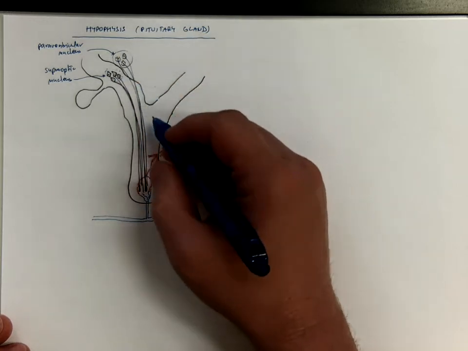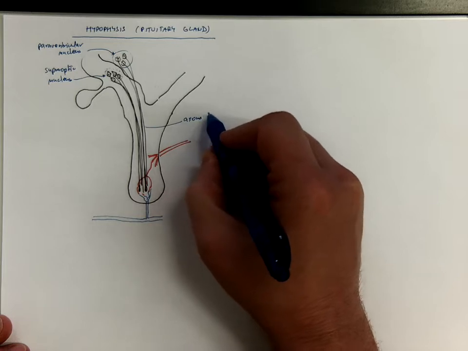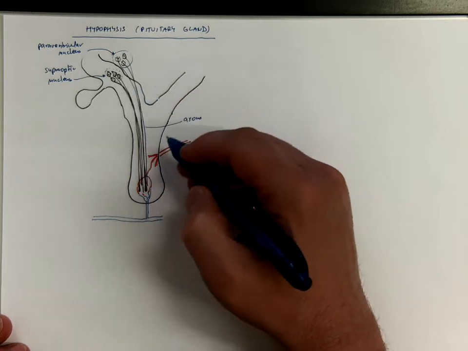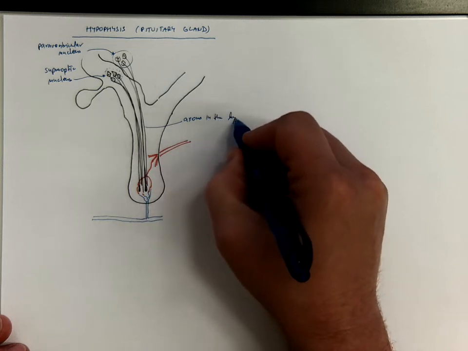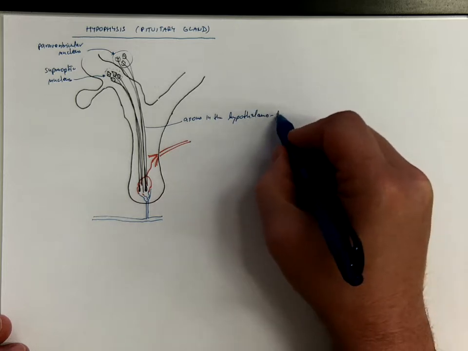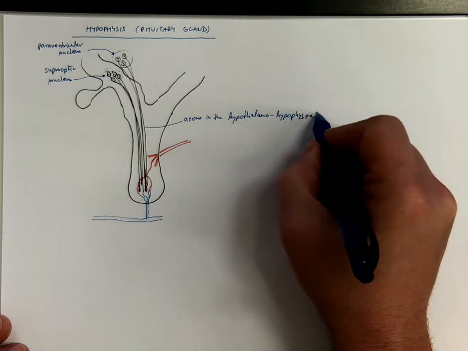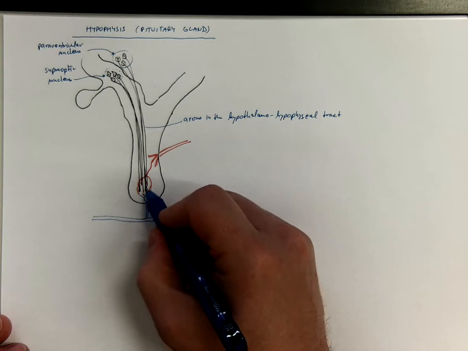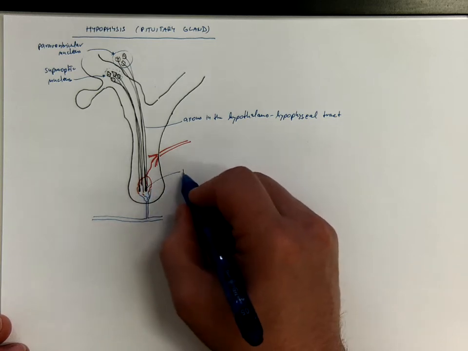Here are the axons. They form the so-called hypothalamo-hypophyseal tract. The axon terminals are also known as the Herring's bodies.